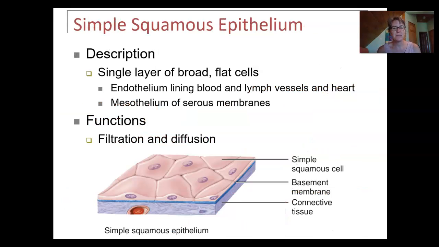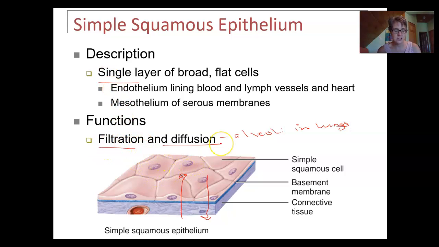All right, so simple squamous is one layer. You want to know what is it, where is it, what does it do? Okay, so if I am one layer, things are going to pass across me. So it's diffusion because things are passing across me, like in the alveoli in the lungs. Or another one, because I'm just a single layer, I'm going to have filtration.